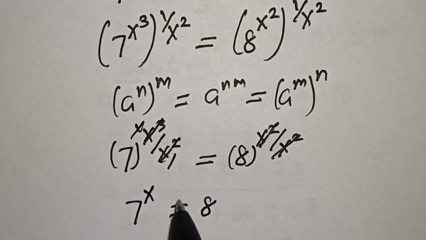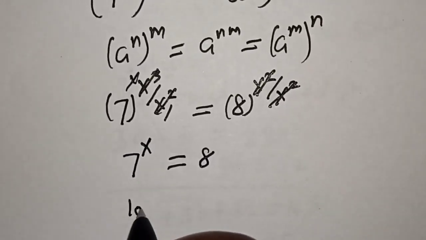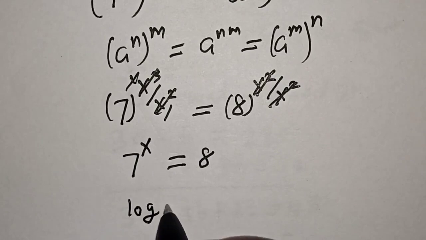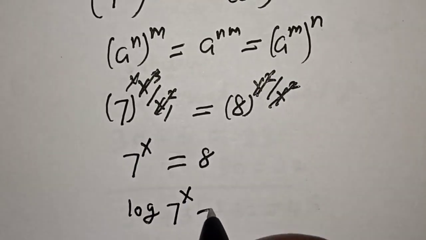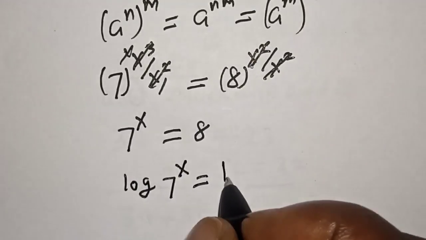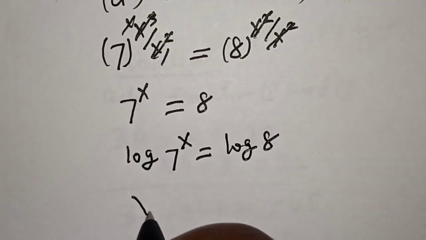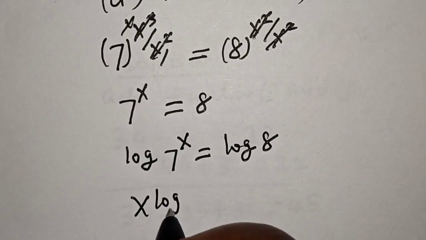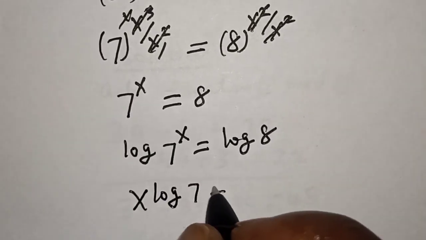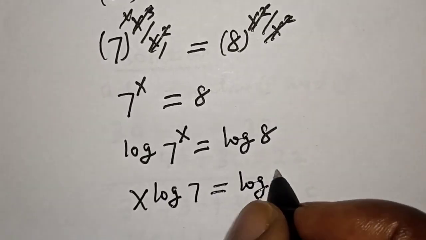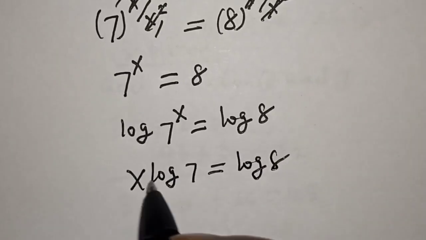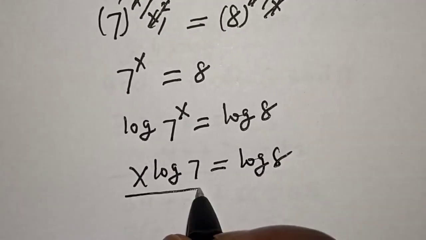Let's take the log of both sides. Log 7 raised to power s is equal to log 8. Then s log 7 is equal to log 8. Now let's divide both sides by log 7.